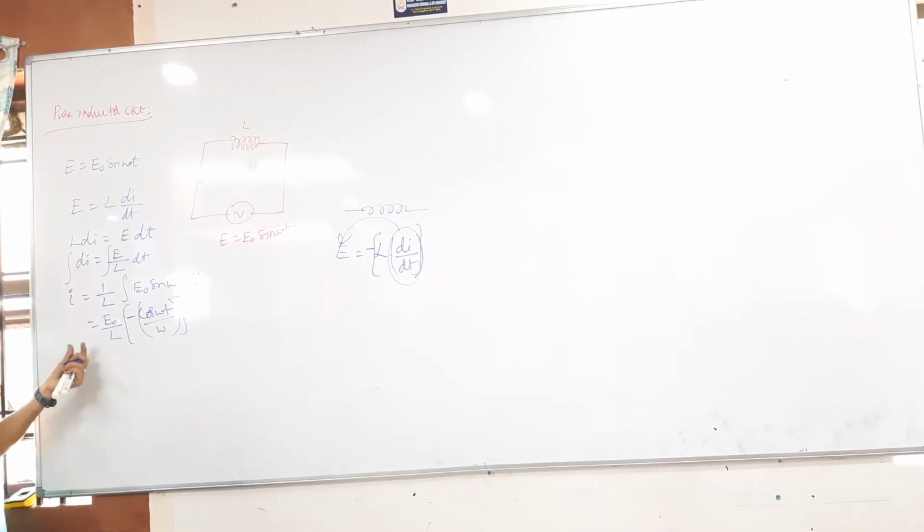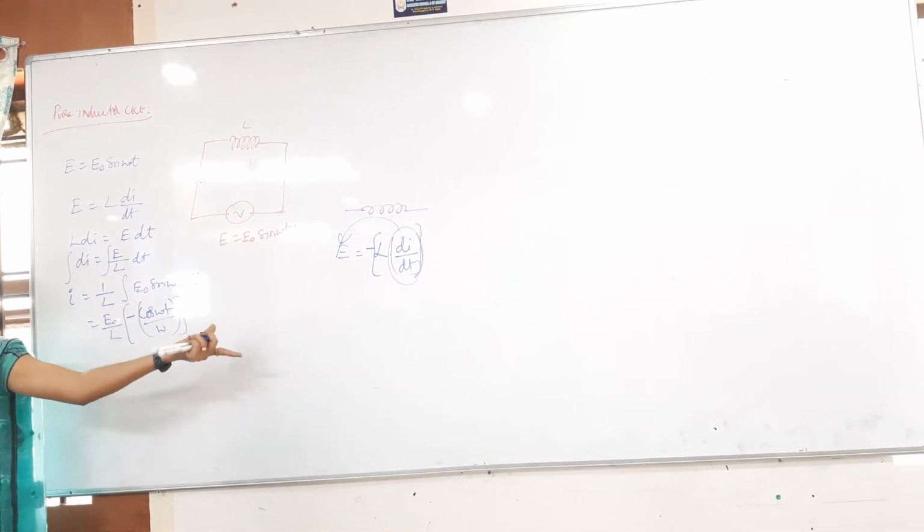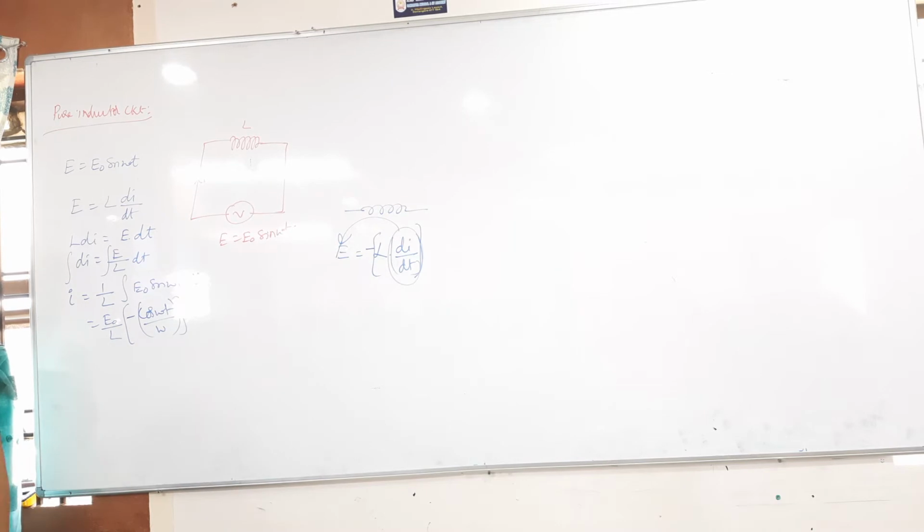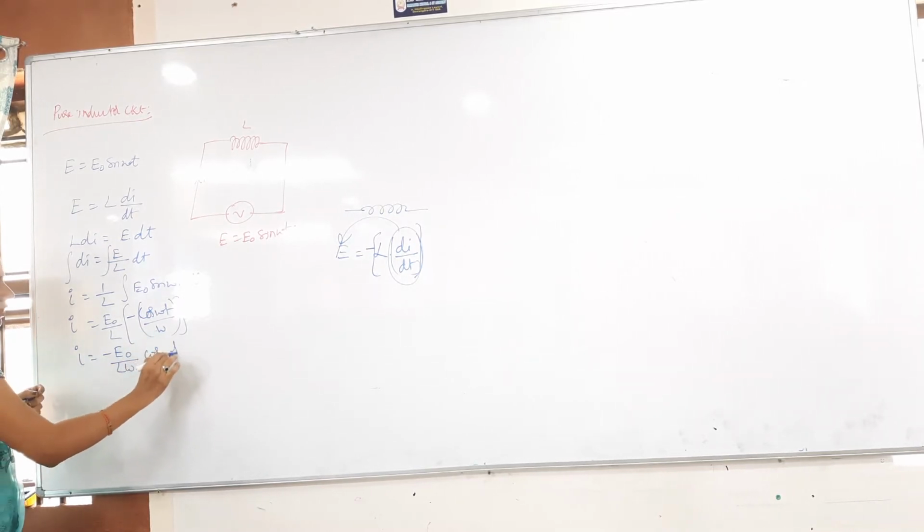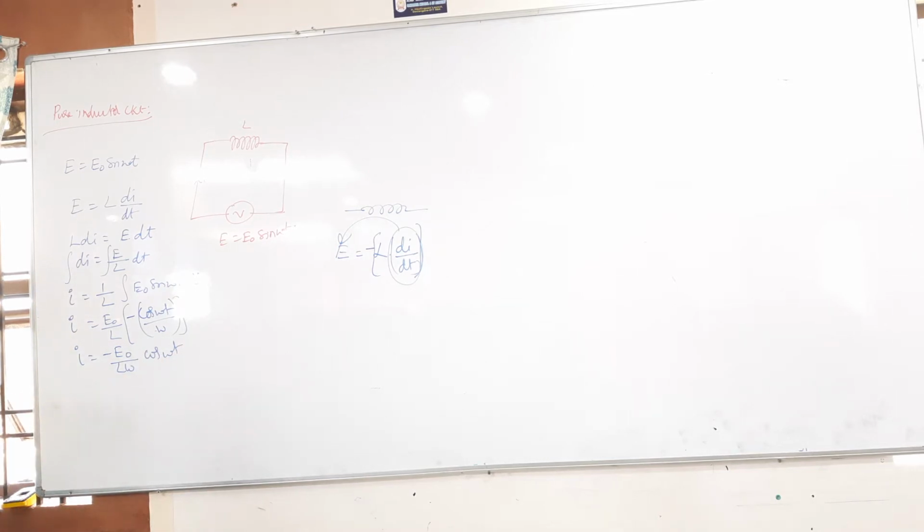Now you have to convert this into the form I is equal to I naught sin omega t plus or minus pi by 2, or whatever it might be. So I will take minus out, E naught by L omega cos omega t. Now clearly, I naught is equal to E naught by resistance.